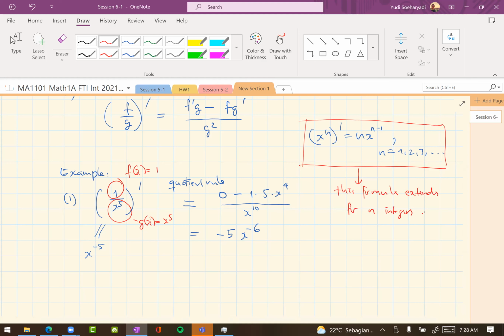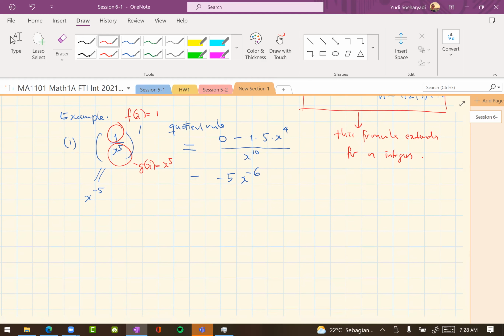And the rule is the same: you multiply by the power, negative 5, and then reduce the power by 1.